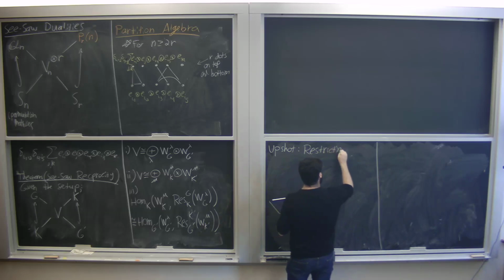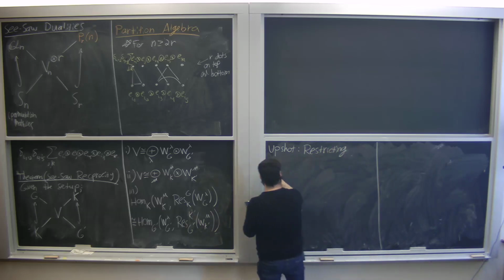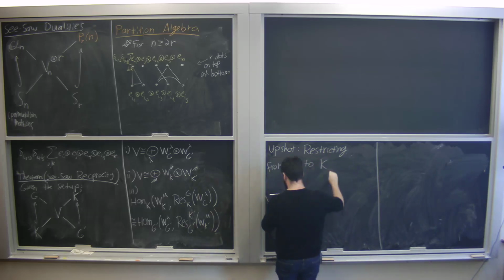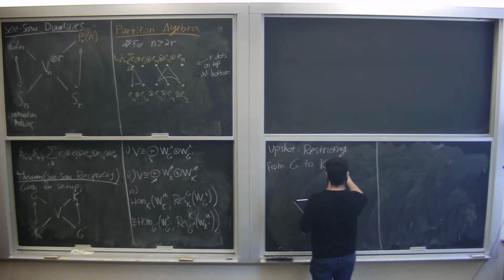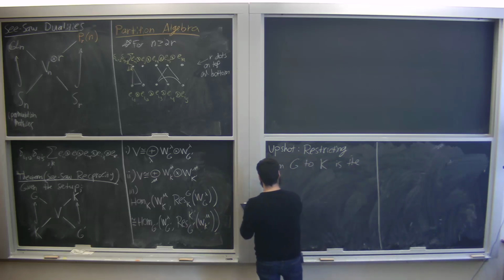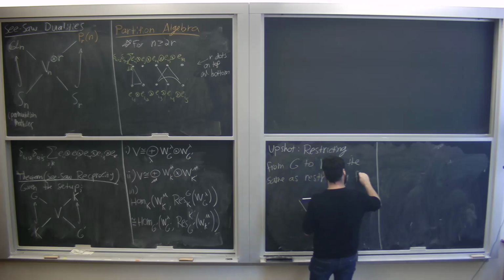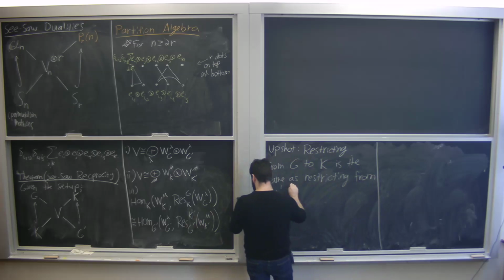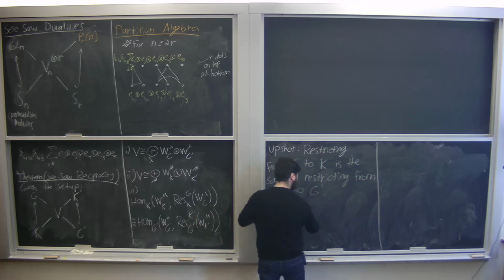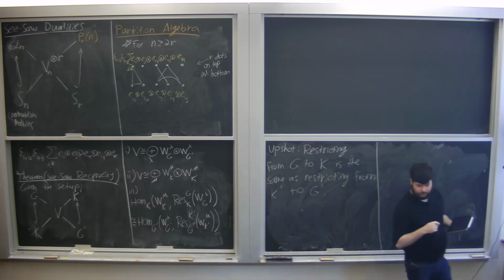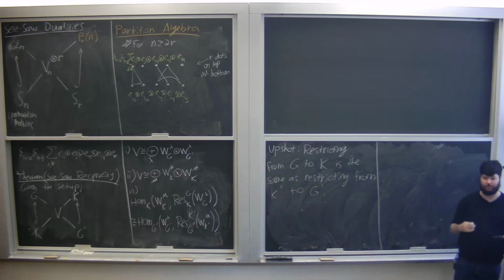And so the upshot of this is that restricting from G to K is the same as restricting from K prime to G prime. Right, so if you want to understand how to do some sort of restriction, you can do it on either side.